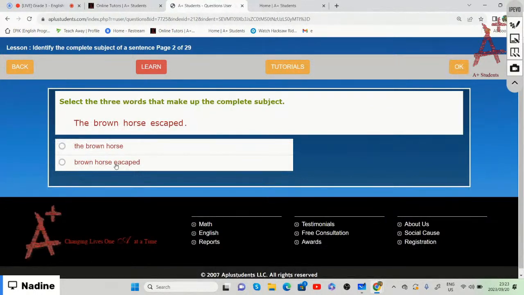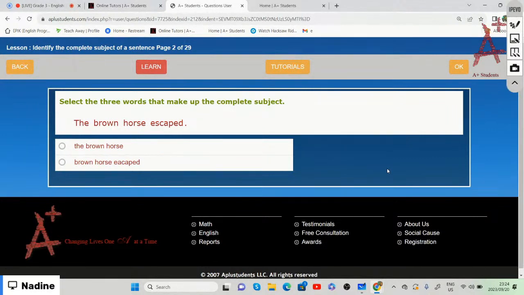The brown horse escaped. We need to select three words that make up the complete subject. So is it the brown horse or brown horse escaped? It's three words.